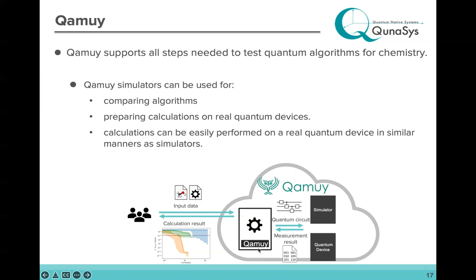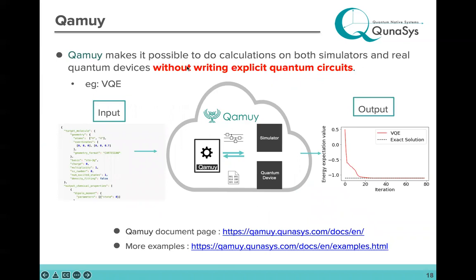As shown in this figure, the user can obtain various calculation results by providing the input data. CAMI makes it possible to do calculations on both simulators and real quantum devices without writing an explicit quantum circuit. So this is an example. VQE is the algorithm to obtain the ground state energy.